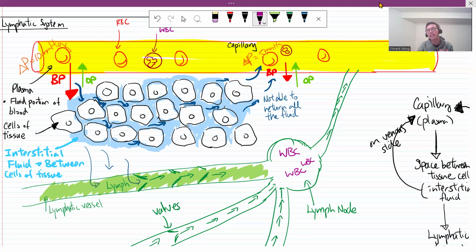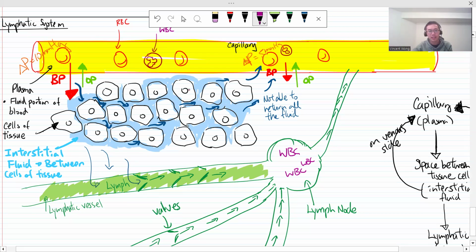That's right. It's basically like a drainage system, right? Do you understand we are losing more fluid on the left side? Yes. So this extra has to go somewhere, right? So we're going to put it in the lymphatic vessel, and then we're eventually going to take it back to the blood. I get it.